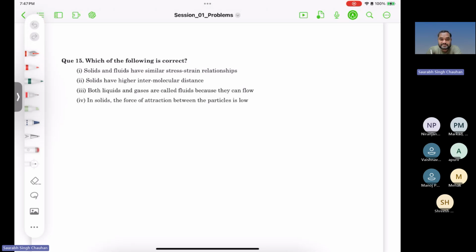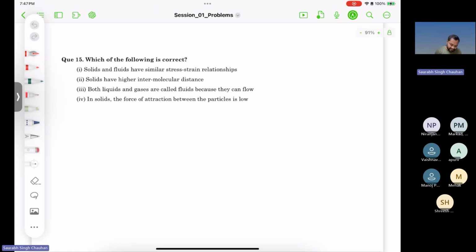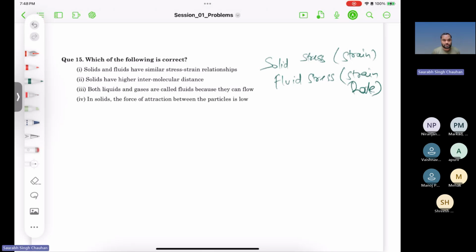But in fluids, stress is dependent on strain rate, not on strain itself. So in solids, stress is a function of strain, but in fluids, stress is dependent on strain rate. So this is not correct.